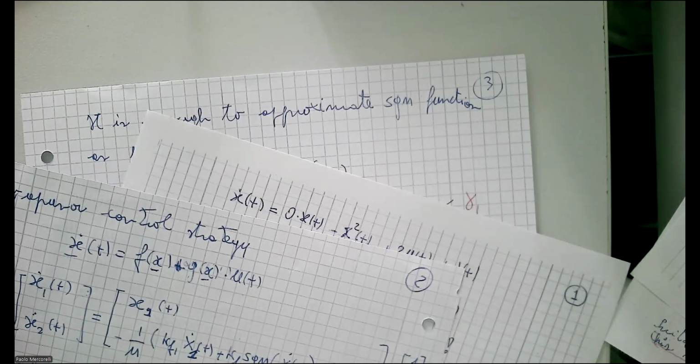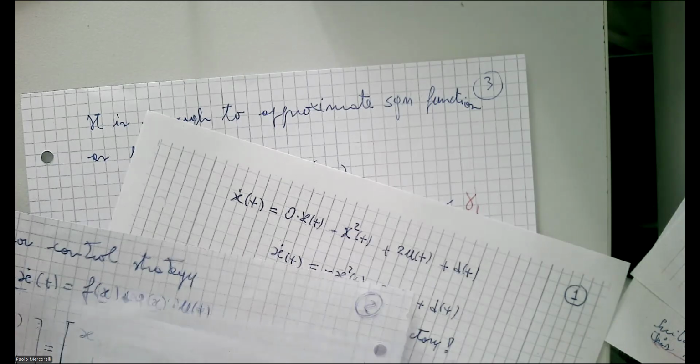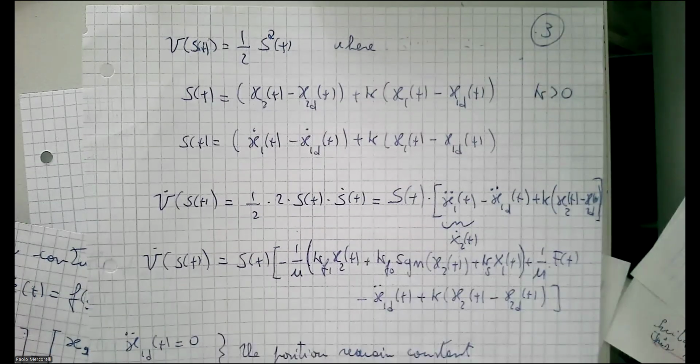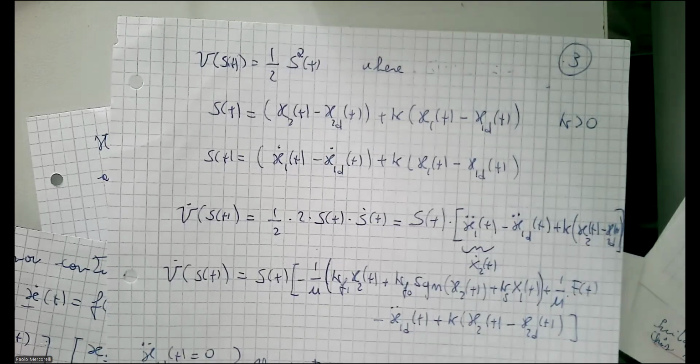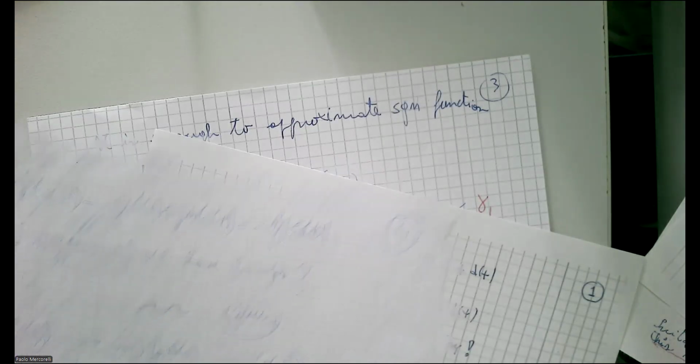sliding mode. I hope to find also, otherwise we calculate, I have it. You can see here the calculation from the sliding, and then we will try to implement at least, let me see, until here.